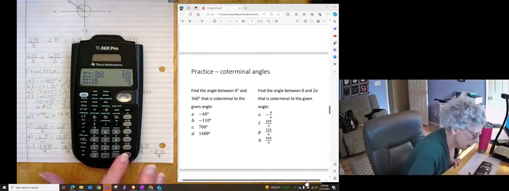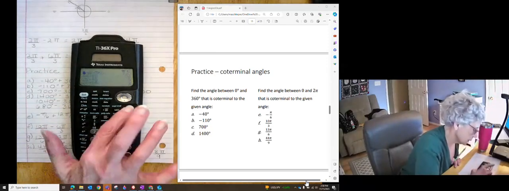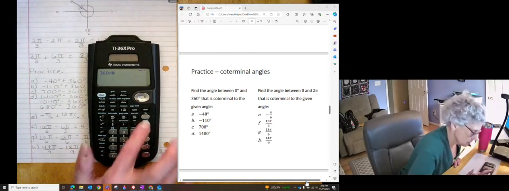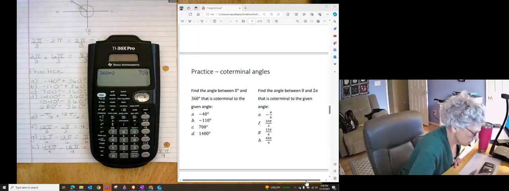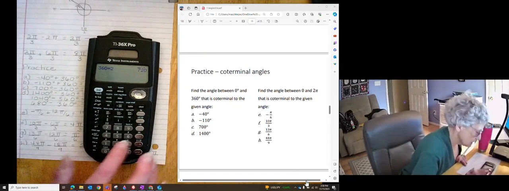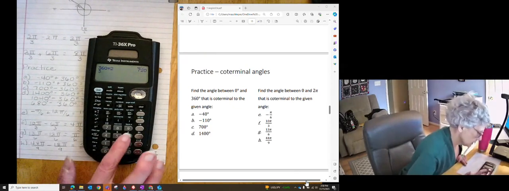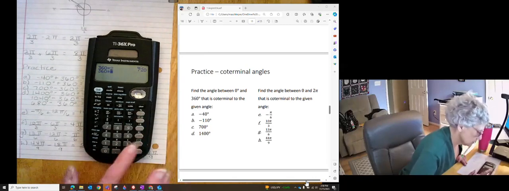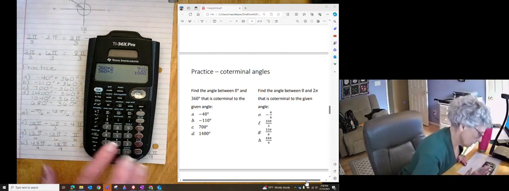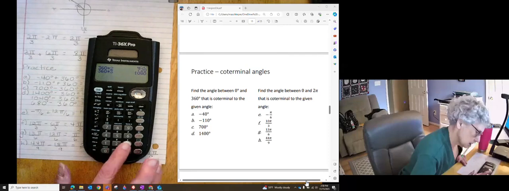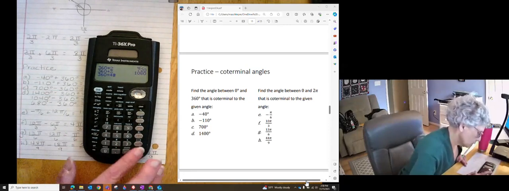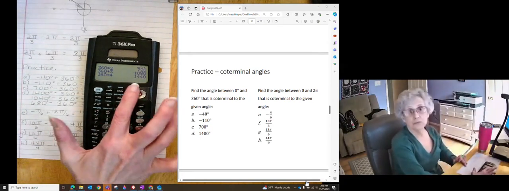Now you could have looked at 1400, and then if your calculator is active, you could have said 360 times 2, 720. Nope, that's still not going to be big enough. So 360 times 3, still smaller than 1400. 360 times 4, that's 1440.